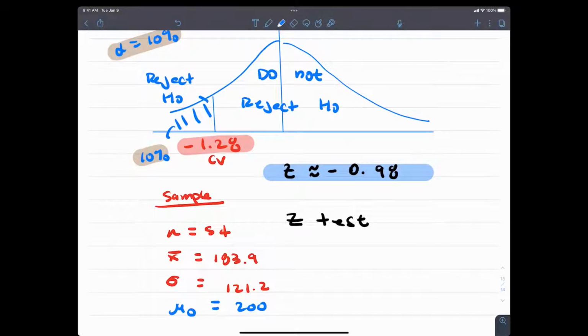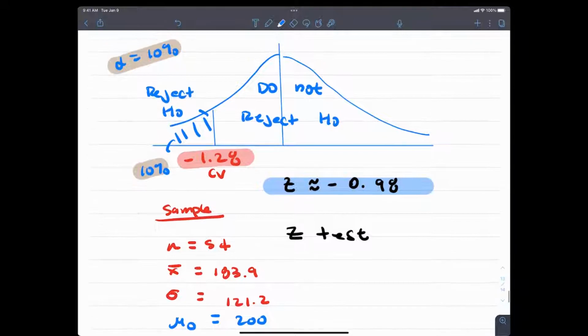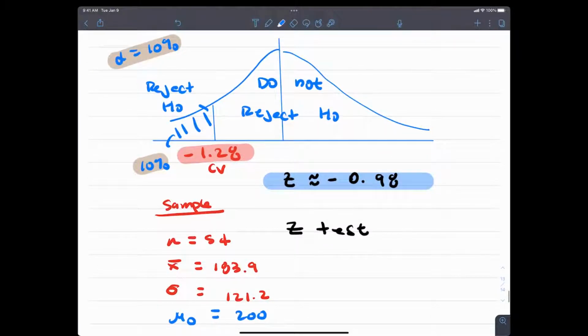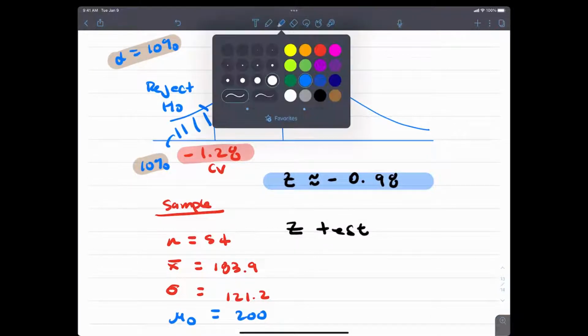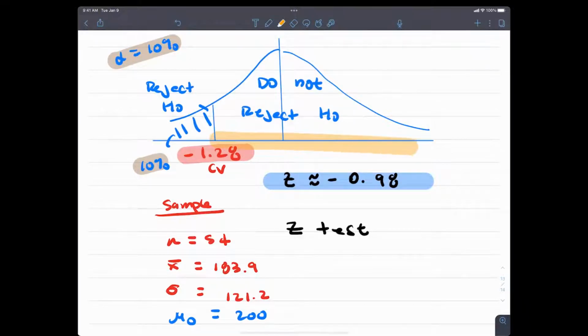Now, the question is, where does this live in our decision rule? Notice any test statistic that is larger than negative 1.28, we do not reject the null. It's to the left of 0, but it's not quite past negative 1.28.